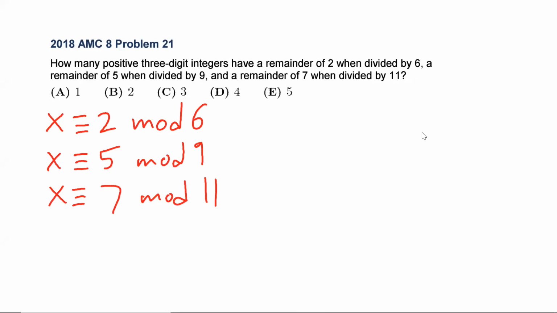So basically, mod means: when you divide it by that number, what's the remainder? For example, here it says it has a remainder of 2 when divided by 6, and that would be the same thing as saying x is congruent to 2 mod 6. The triple equal sign means congruent.